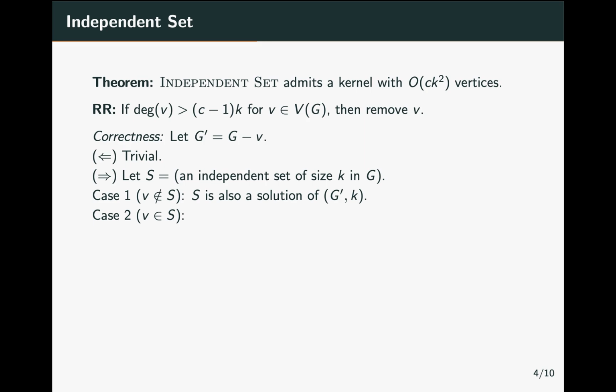So there are two cases. The first case is easy: if S does not contain B, then S is still an independent set in G'. So this is good. In the second case, when B is contained in S, we somehow need to replace B with something else.